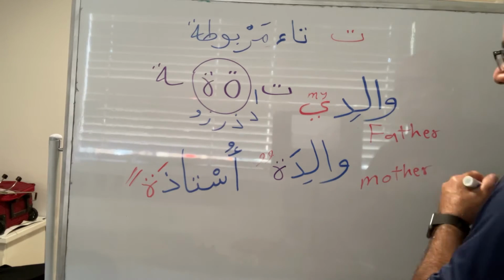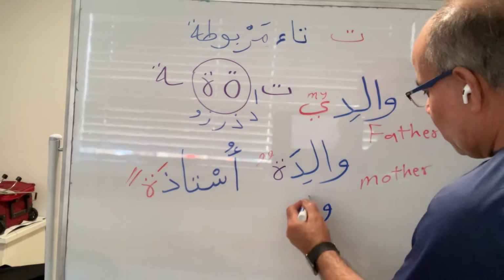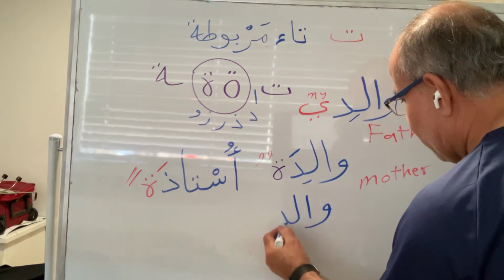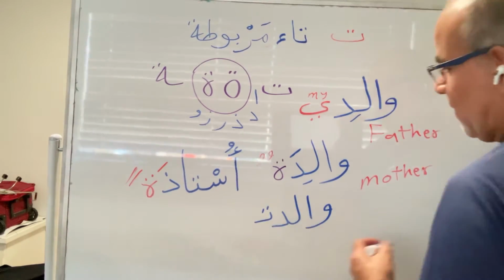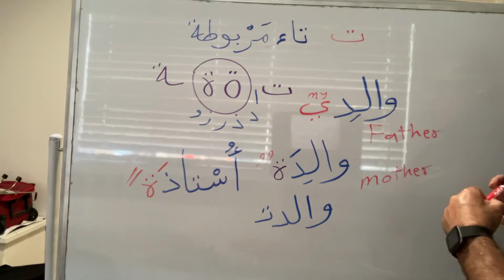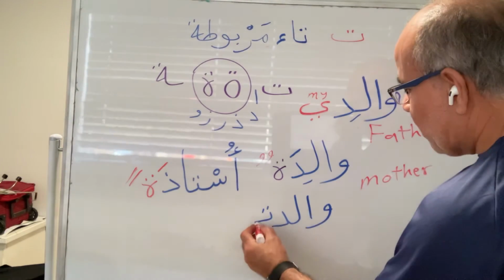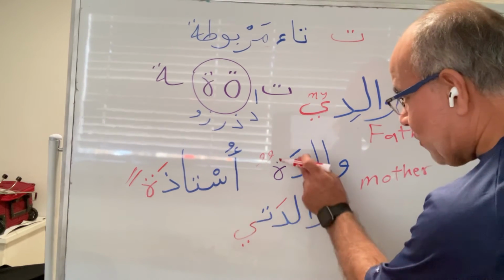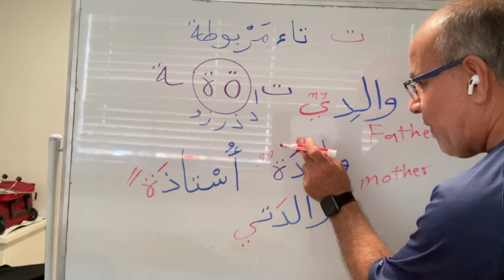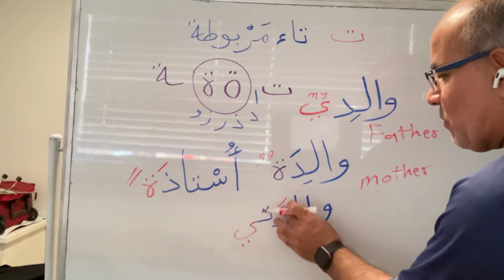It ends with ta marbuta. What you need to do is cancel the ta marbuta, open it. Once you open it, it becomes a regular ta. It goes back to its original shape as a regular ta. Then you put the suffix, and walidati. But notice that the fatha that preceded the ta marbuta will be there.